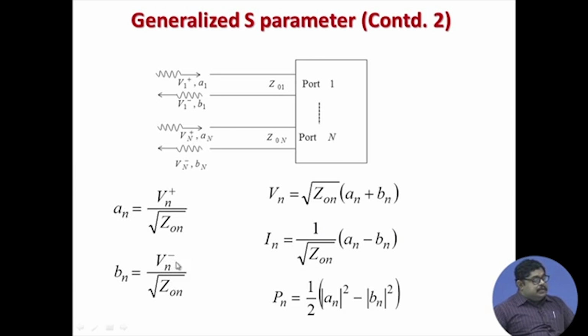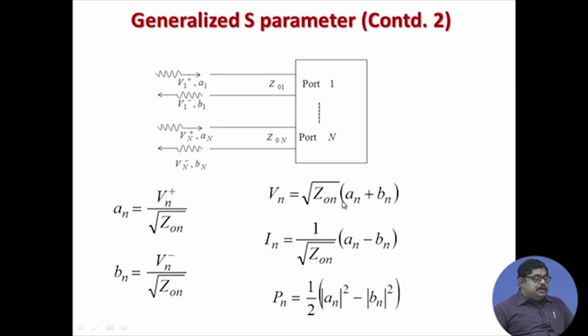Similarly, the reflected voltage from the nth port, you divide by the square root of the impedance and call it B n. And instead of V 1 plus, V 1 minus, let us say A 1, B 1 are the equivalent voltages. They are hypothetical ones, A n, B n, A 1, B 1, A 2, B 2, etc.